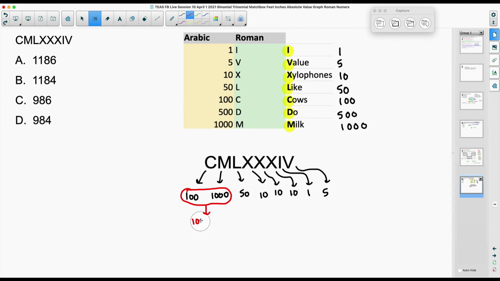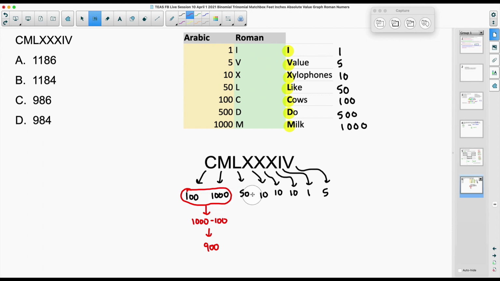So I'm going to take 1,000 minus 100. This gives me 900. We do not add those. And again, it's because you have a smaller coming before a bigger. Okay, so we're done with that spot.